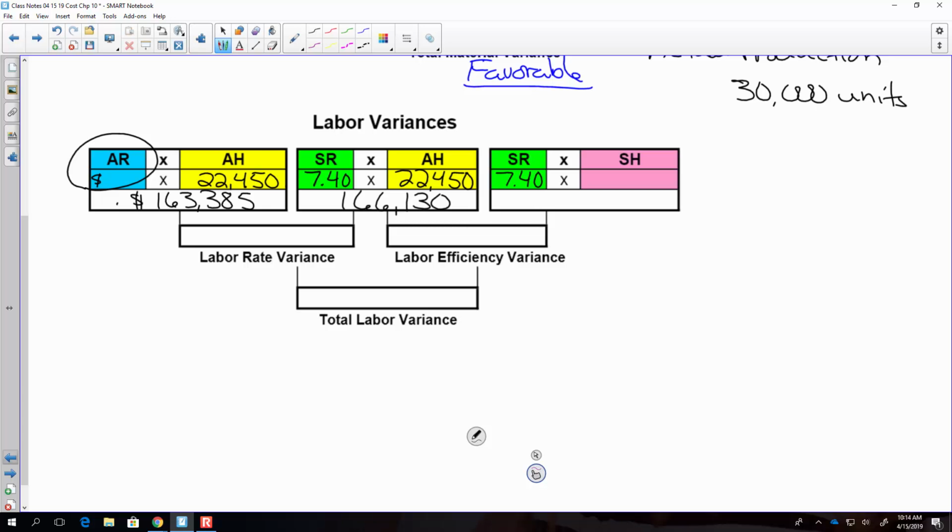3. Should be around $7. 7.28. There you go. So what is my rate variance, favorable or unfavorable?